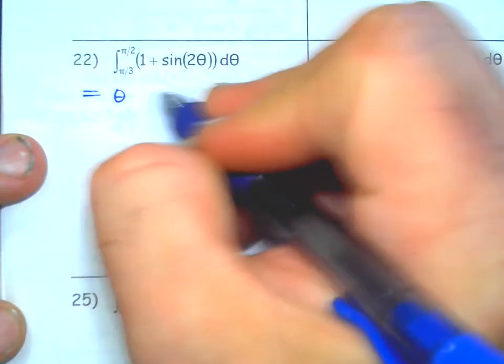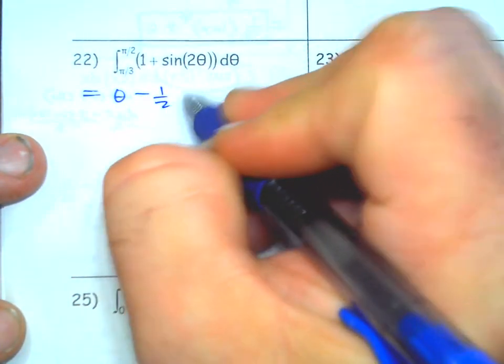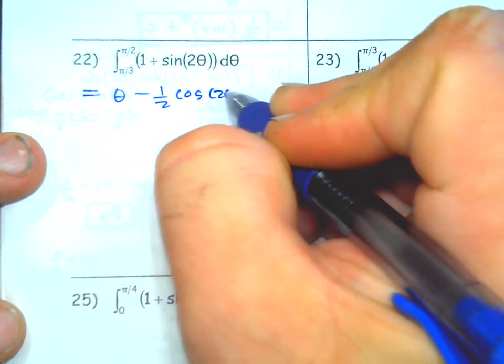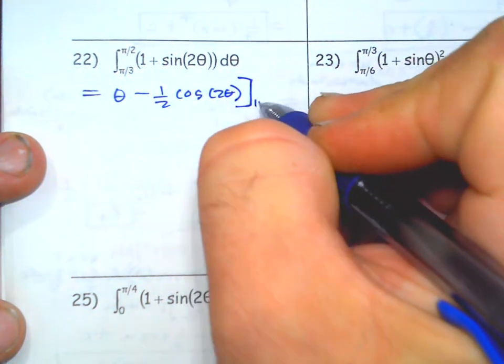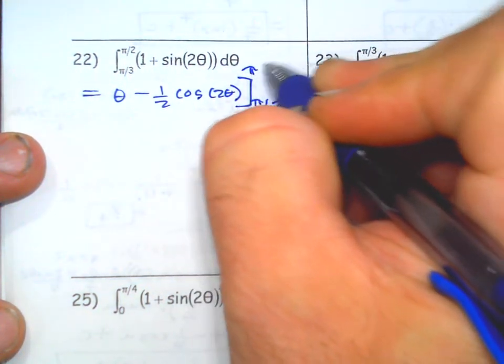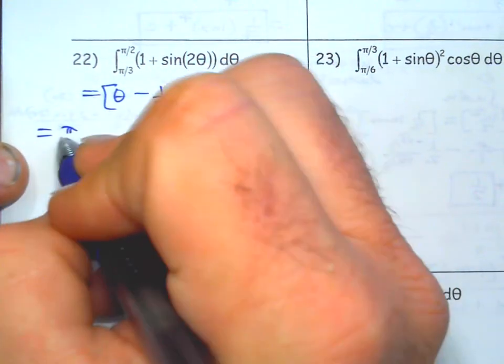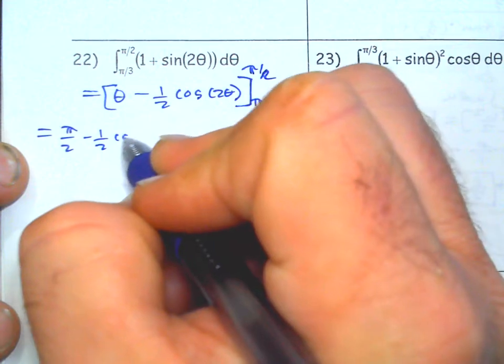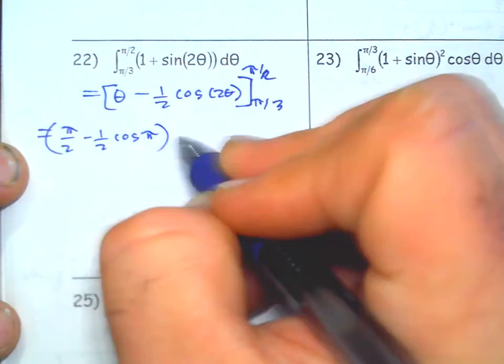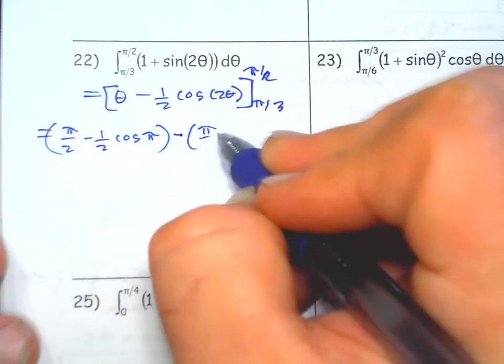Okay, theta minus 1/2 cosine 2 theta. So pi over 2. Pi over 3.